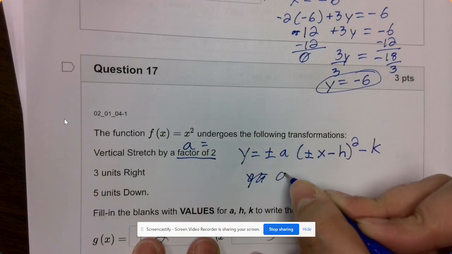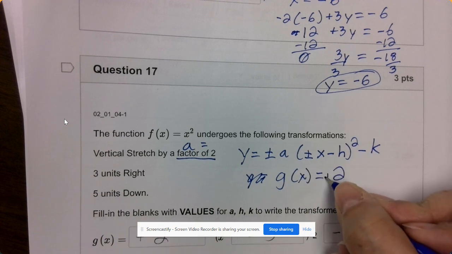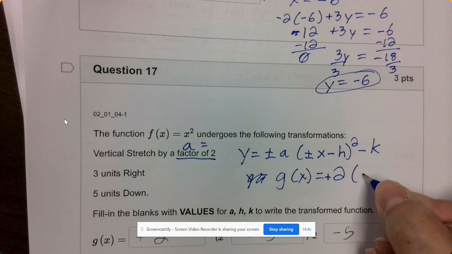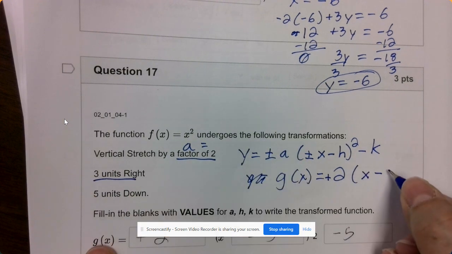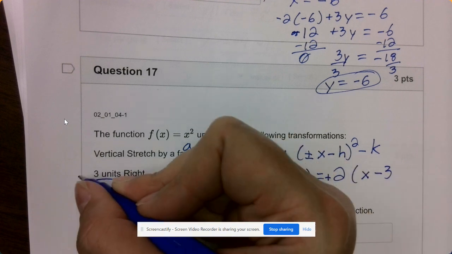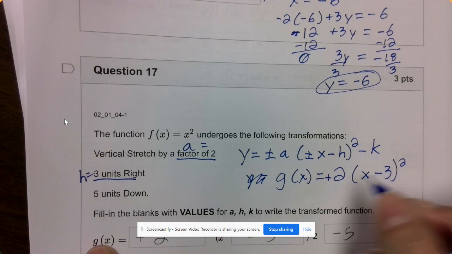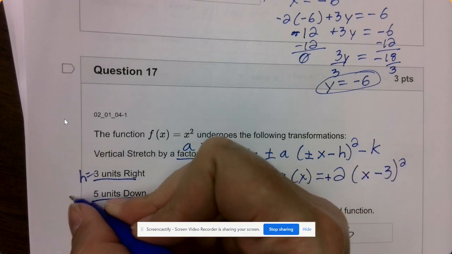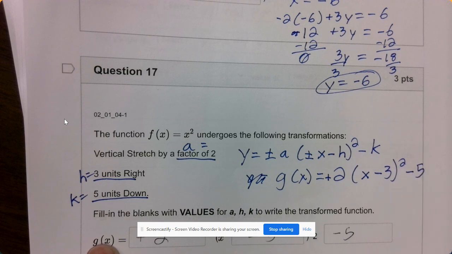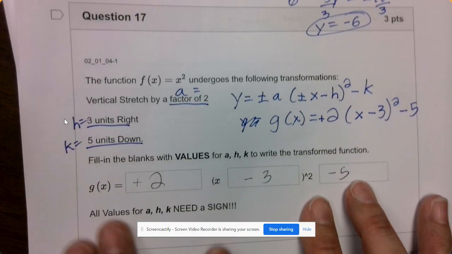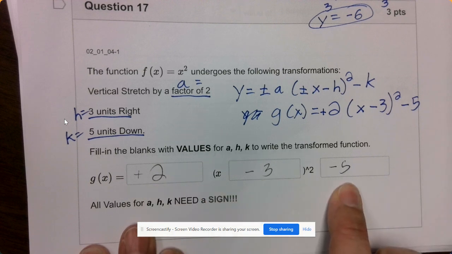So my g of x is going to be equal to 2. And then x, right 3, so minus, that's our h value. So minus 3 squared. 5 units down, everybody, this is our k value. So it's going to be minus 5. So put it in as plus 2, minus 3, minus 5.